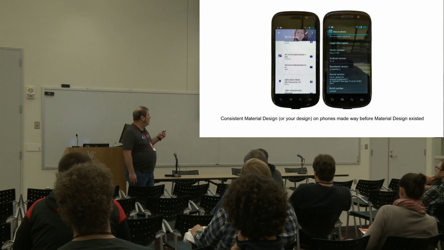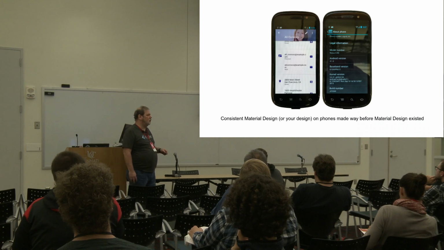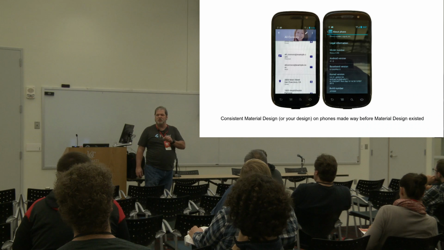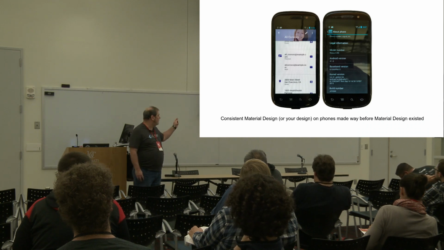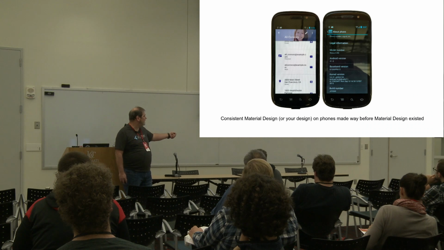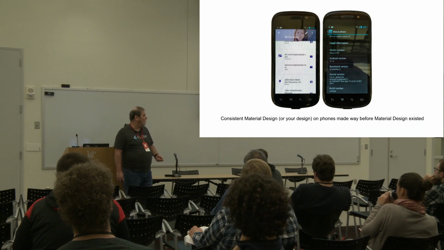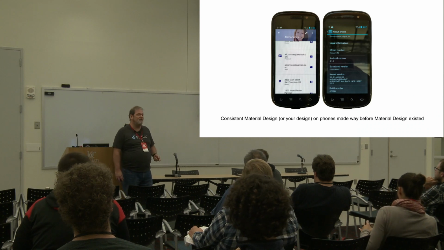All right? What this means is that since you're creating your own UI elements and you're shipping your own UI inside your APK, you can do anything. You can put material design or your personal design or human interface compliant UIs on phones that were created before material design was even created, before it even came to be.